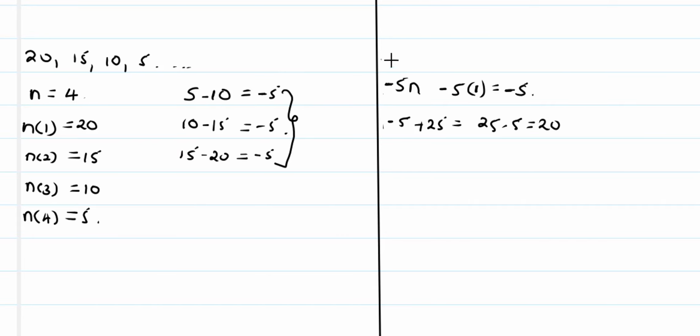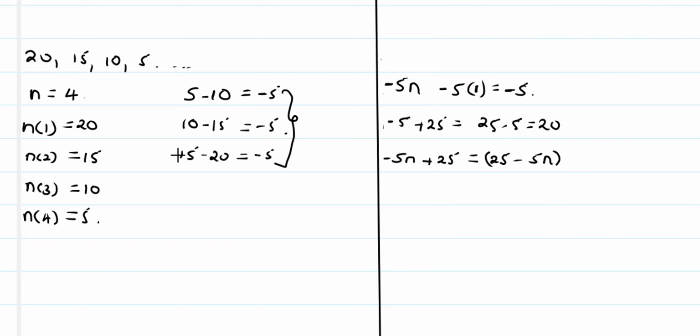So in this formula of ours, now we take minus 5n, then plus 25, like that. Then this 25 we have added here, we can of course interchange it to be like this, 25 minus 5n, and this becomes our nth term.